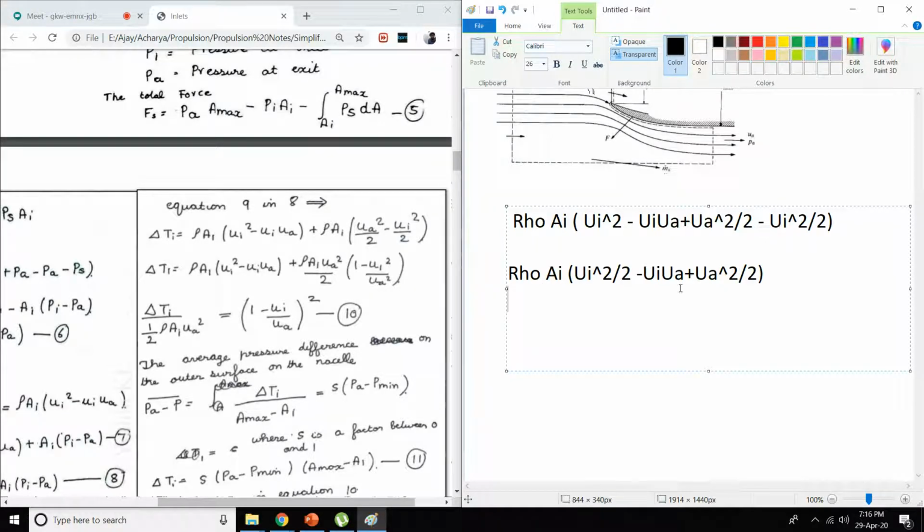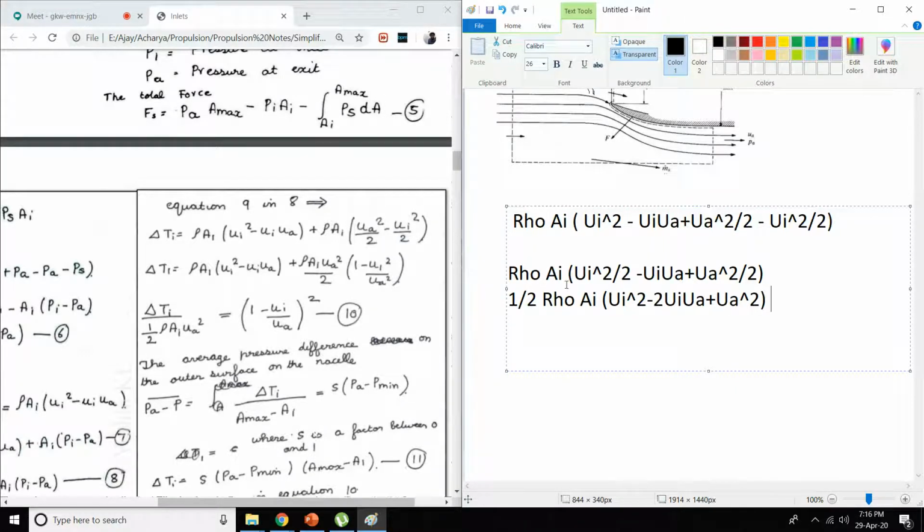Now you take half common out. Taking half common out, 1 by 2 rho Ai will be Ui to the power 2 minus 2 Ui Ua plus Ua to the power 2.